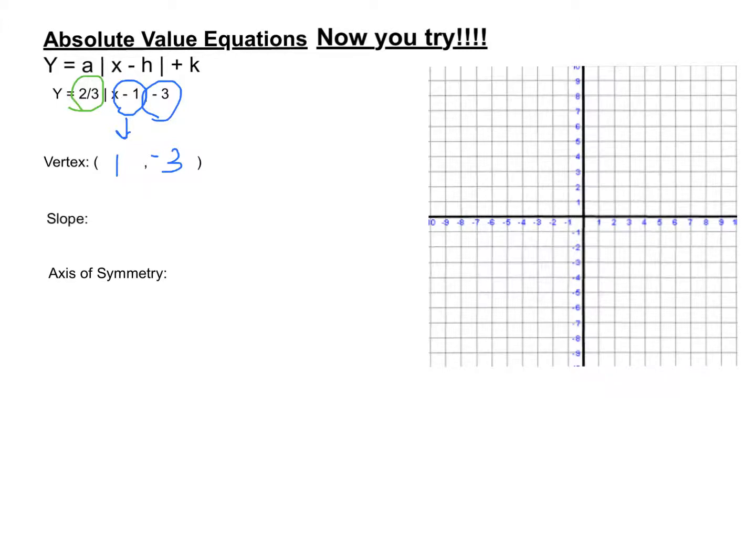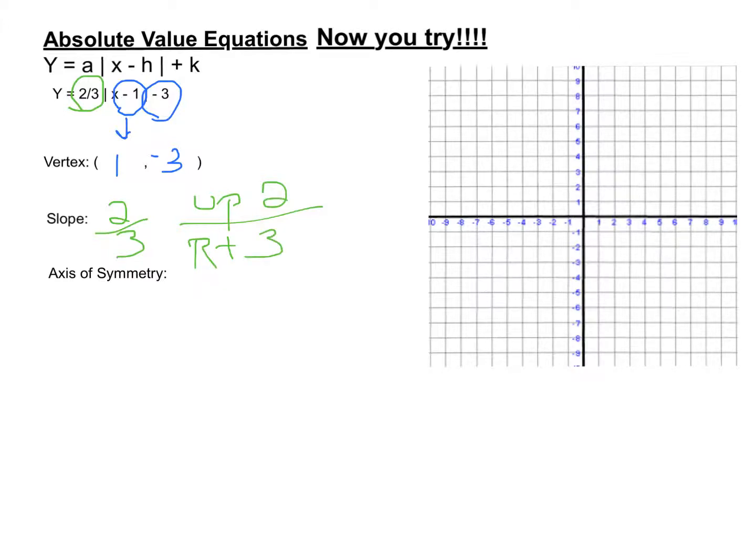Now our next step: we can find the slope. Our slope is 2/3. Oops, that was ugly. That looks like a 5. Try that again. There we go. That says we're going to go up 2 and to the right 3.